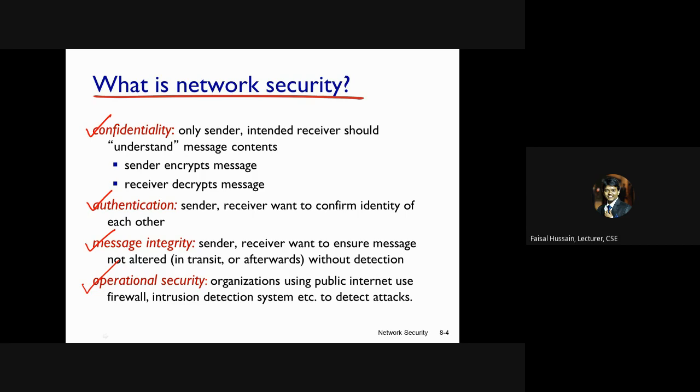As well as an intrusion detection system, which can try to find out whether some data is taken away by a middleman or not. So that is whether there is an intrusion in my system or not. It can be found out by specialized software. So those software can be used to give operational security.